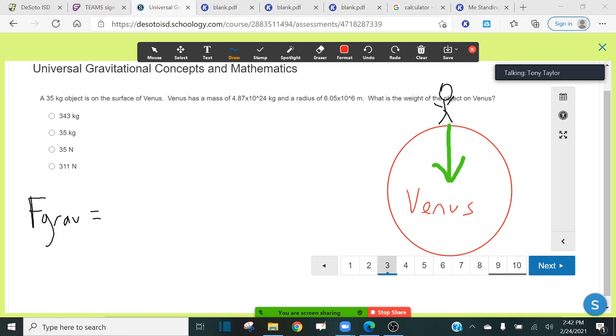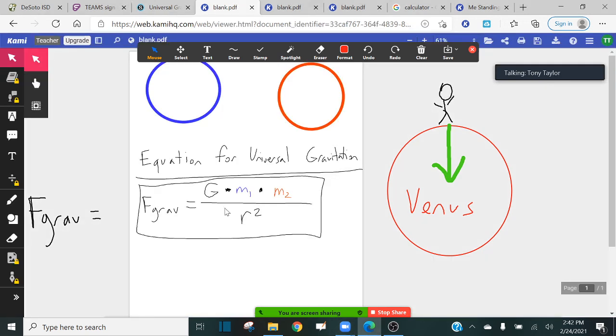So Venus is pulling me toward the center of the planet. If I want to know the weight, in other words, the force of gravity acting on me, that's where I would use this equation, where M1 would stand for my mass, M2 would stand for the mass of Venus, and R will represent the distance from here to the center of the planet, which is obviously the radius.